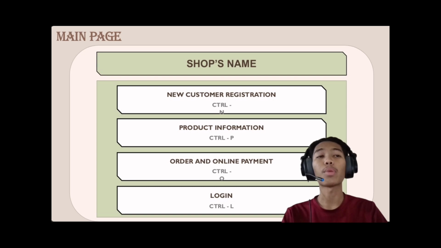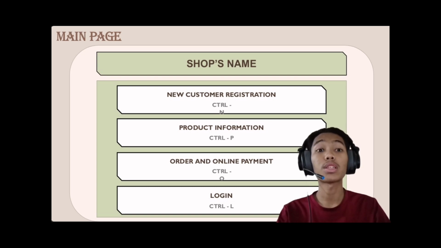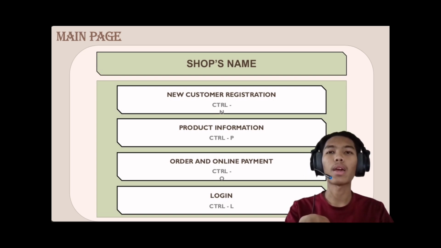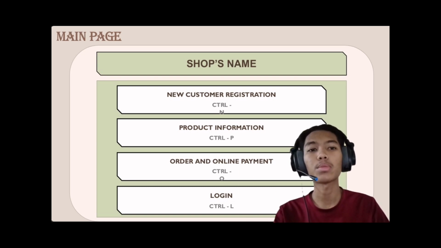So for the main page, we are using that. You can see the shortcut names at the top. To go to the new customer registration page, you have to press Control N, and it will bring you to the new customer registration page.